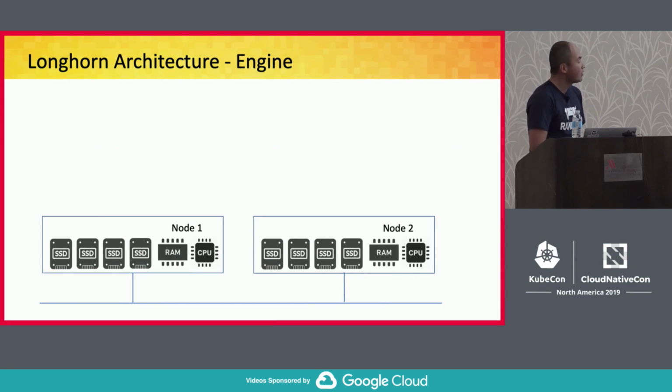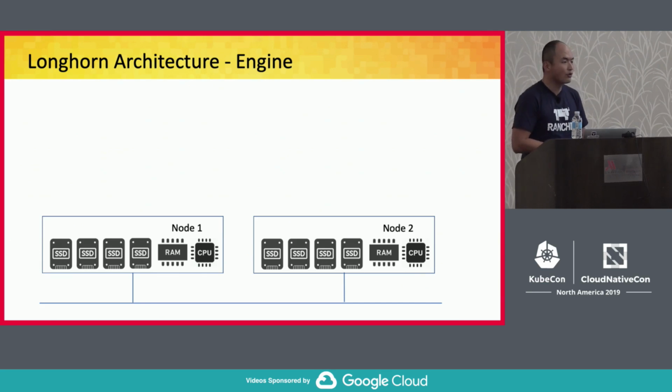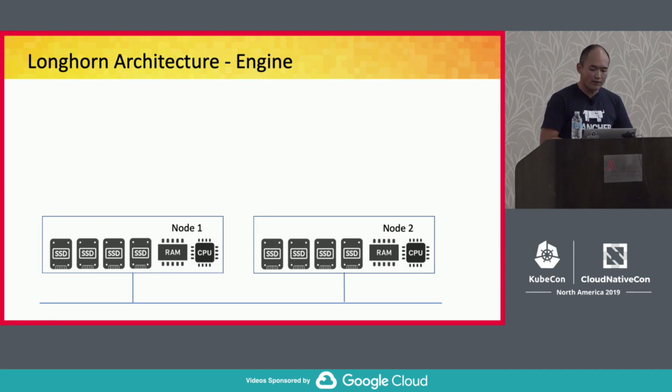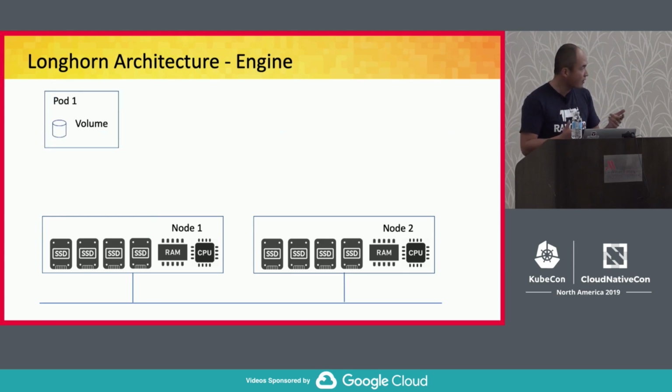After the demo, you're probably wondering how Longhorn works. For Longhorn, we have two layers. One is what we call the data plane, and another is what we call the control plane. In Longhorn's world, those are Longhorn engines and Longhorn managers. How the Longhorn engine works is the foundation of Longhorn itself.